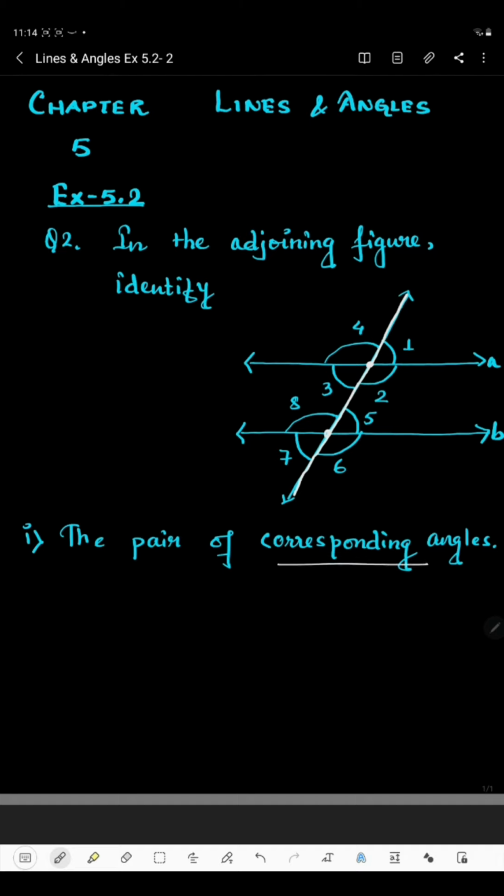Now what do you mean by corresponding angles? Corresponding angles means angles on the same side and in the same position. Suppose this is A and this is B. These two are parallel lines and this is the transversal which cuts these parallel lines at two distinct points.